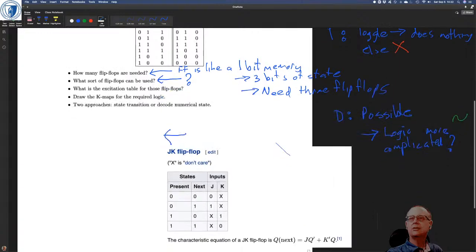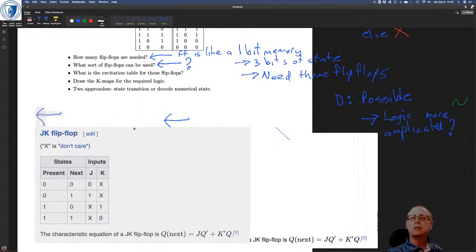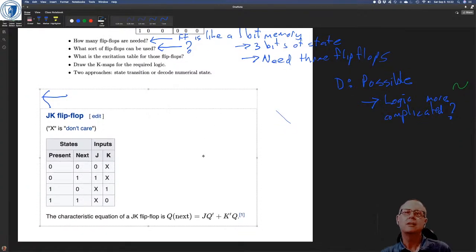There we go, so you can read it. Okay, so this is the excitation table.